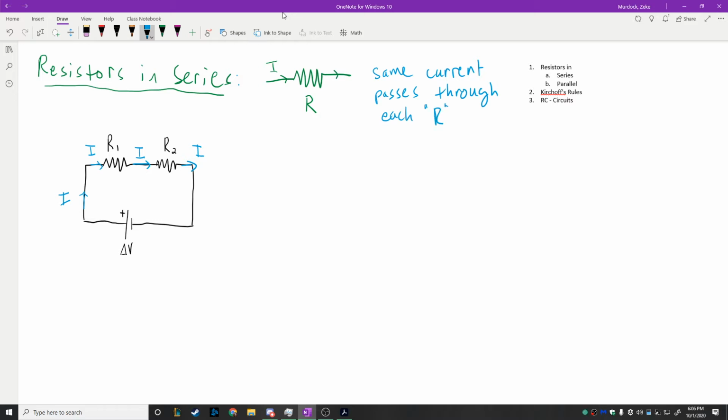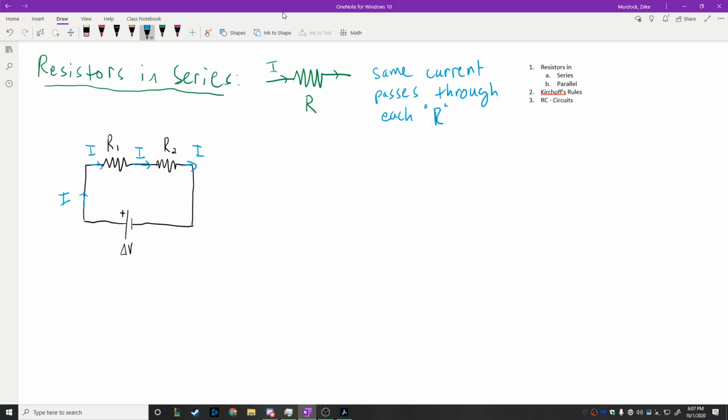This comes from the idea that charge has to be conserved. If I had more current flowing in here than coming out of here, that would imply that some of the charges just disappeared into the environment, and generally in these circuits none of the charges are escaping.